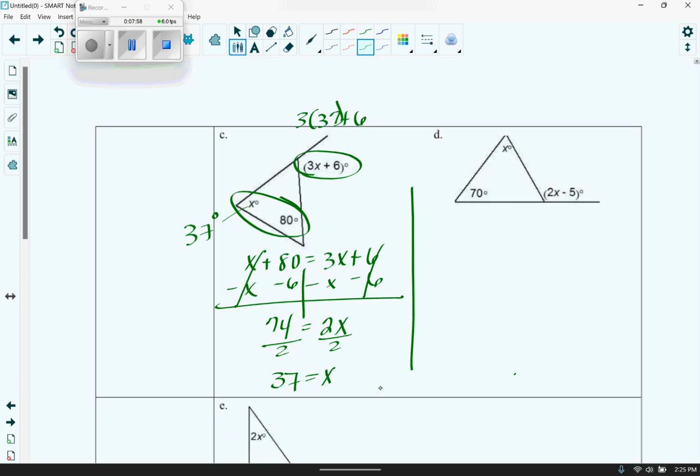So 111 plus 6 is 117. And over here, if I did 80 plus 37, I get 117.